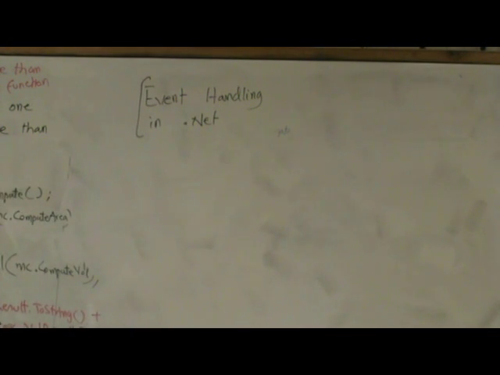Okay, as I mentioned, the fundamental mechanism for event handling, meaning you click on a button, what should we call? You click on a menu, what should we call? You move the mouse over, you right click, left click mouse, which function should be called? All of that is established through the event handling, okay?